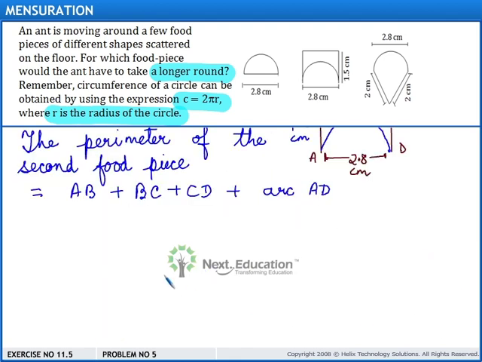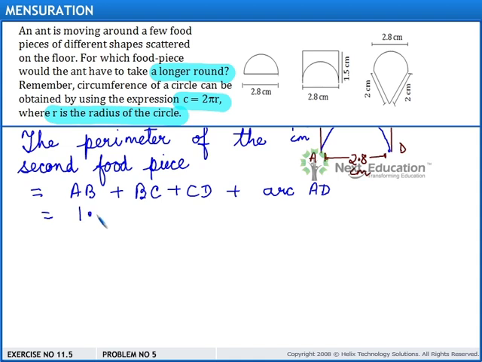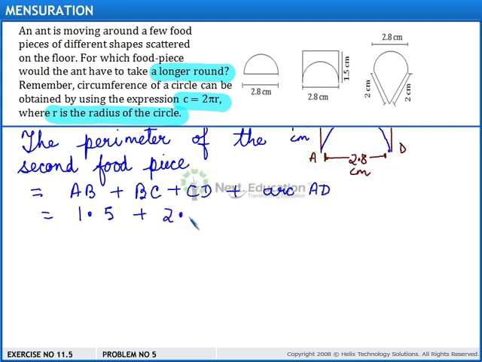So we can write AB plus BC plus CD plus arc AD as, we have found AB as 1.5 centimeters, plus BC as 2.8 centimeters, plus CD is 1.5 centimeters. And now arc AD.